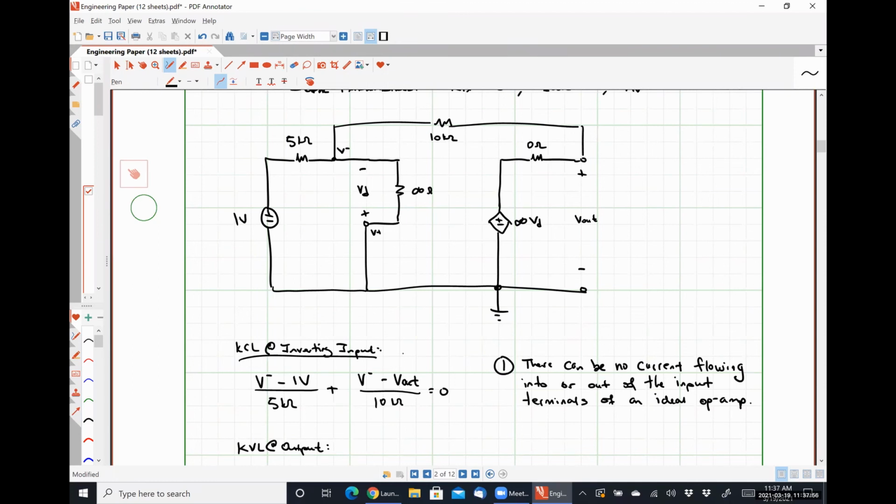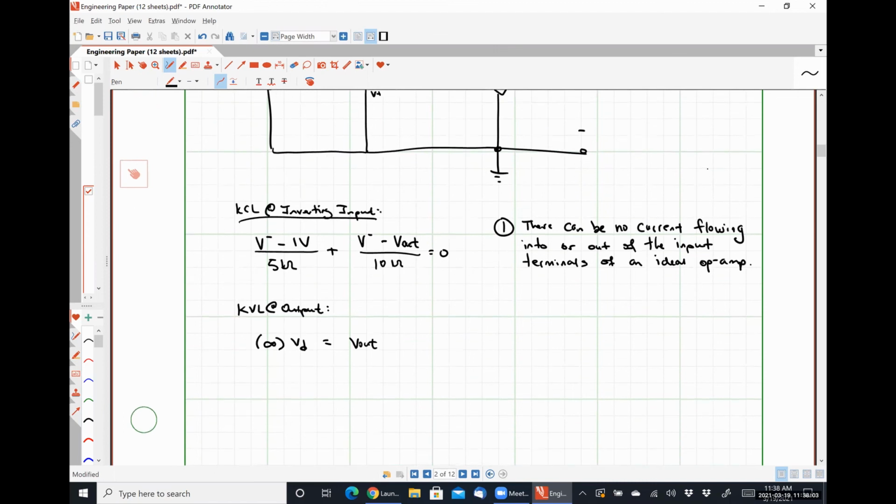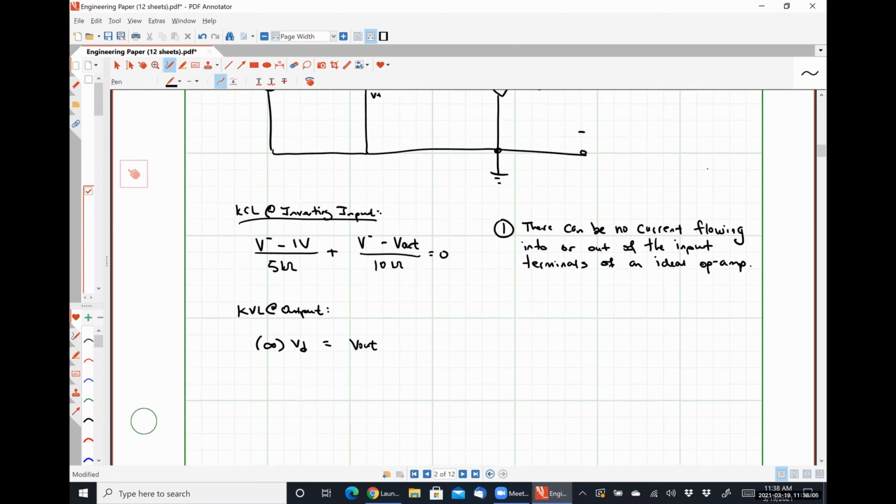Nothing particularly difficult about that, but it may seem like this equation doesn't help us. So I'm going to use algebra and rearrange it really slightly. VD is now equal to V out over infinity, which means what?